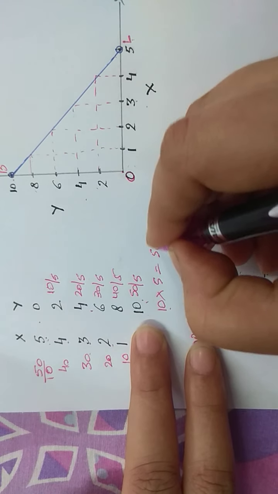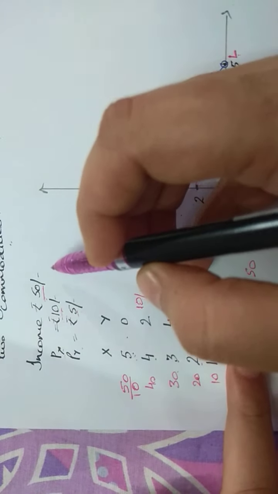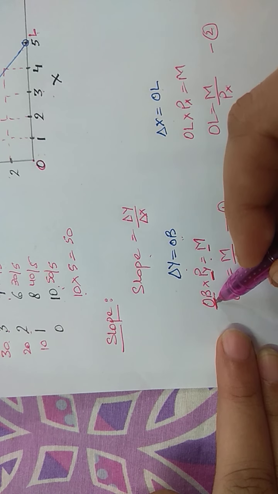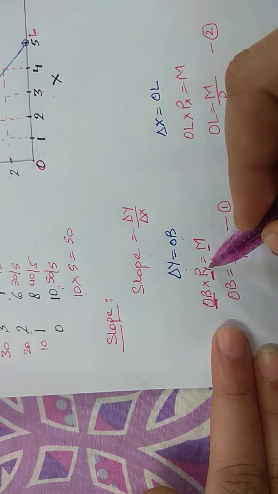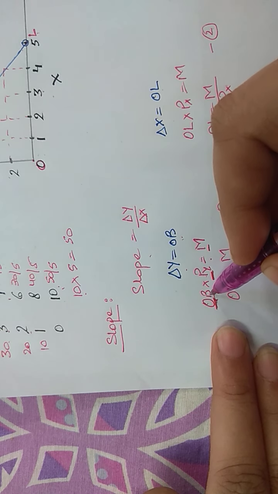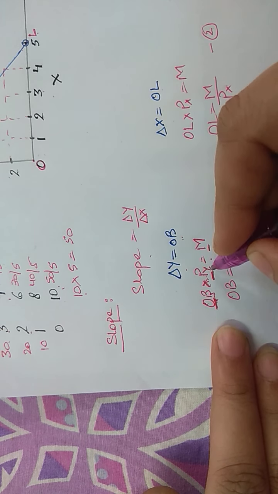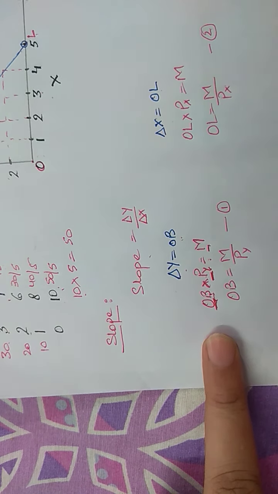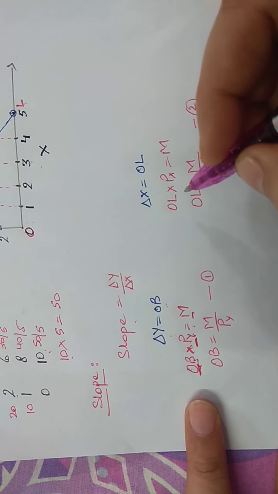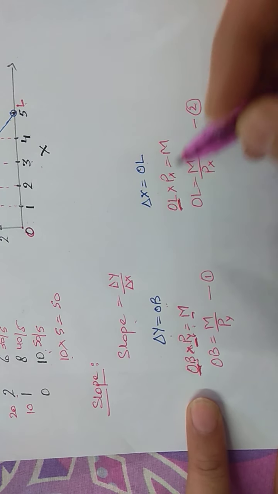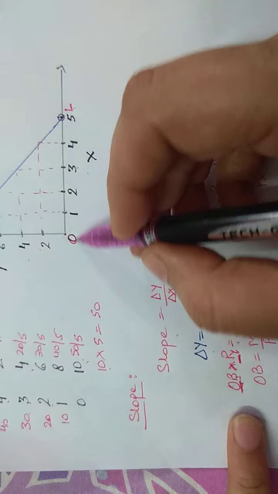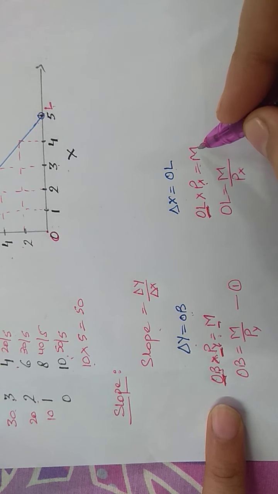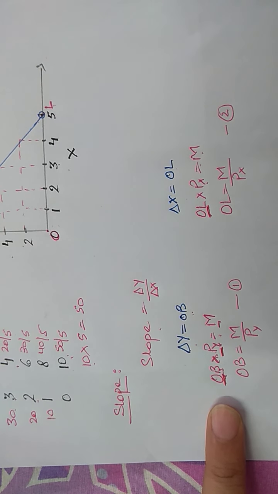This is equal to 50, and 50 is equal to the income of the consumer. So following the same thing, we are writing here that OB, that is units of Y, into price of commodity Y is equal to the income of the consumer. Similarly, for commodity X also, OL represents the units of X. OL into price of X is equal to the income of the consumer.